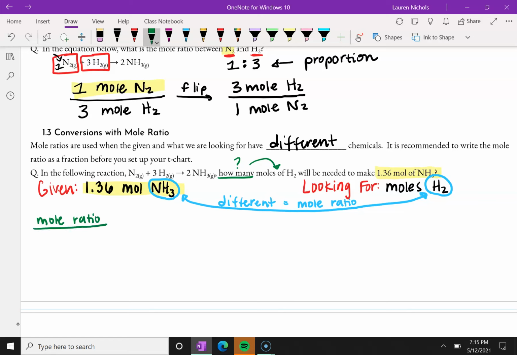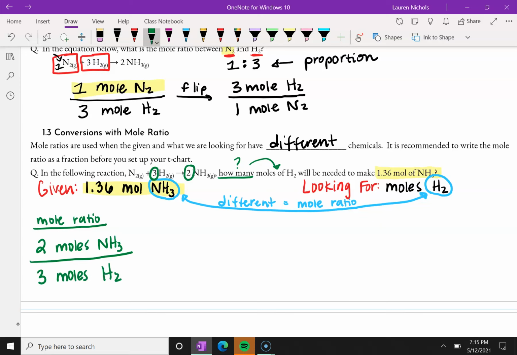Well, I know that my chemical NH3 in my equation has a 2 as a coefficient. So that means I'm going to write 2 moles of NH3, and I'm going to put hydrogen, which has a coefficient of 3, underneath it: 3 moles of hydrogen.